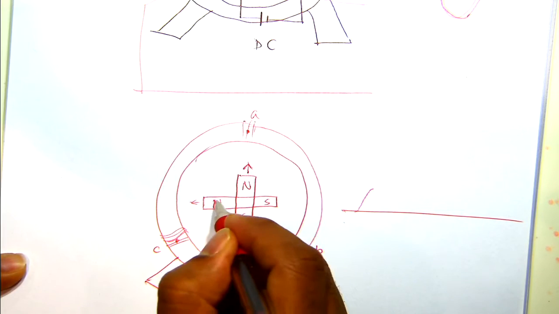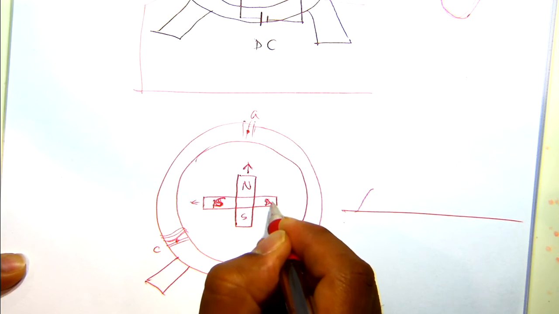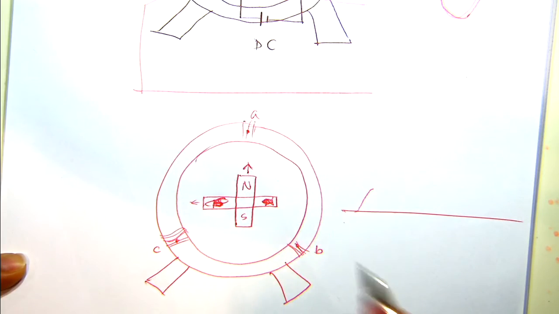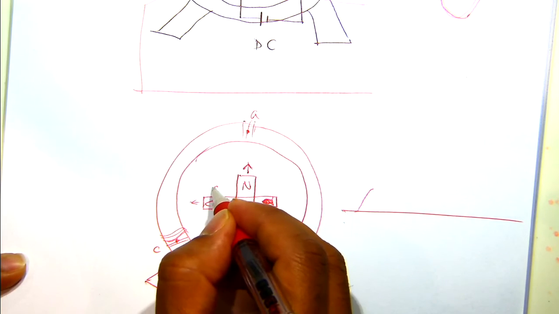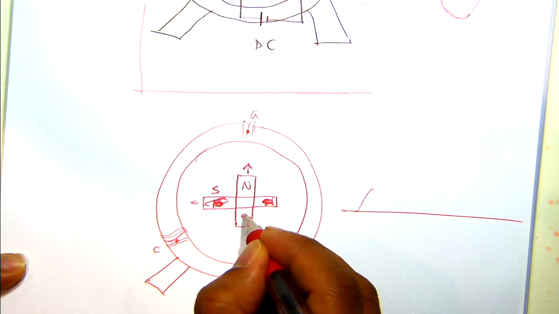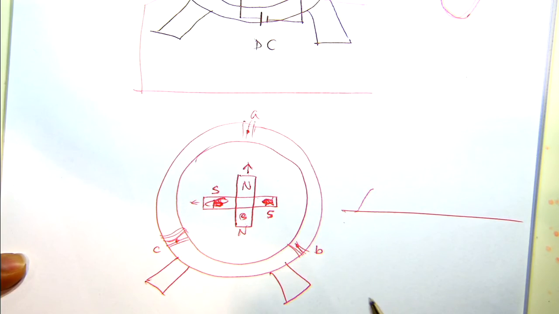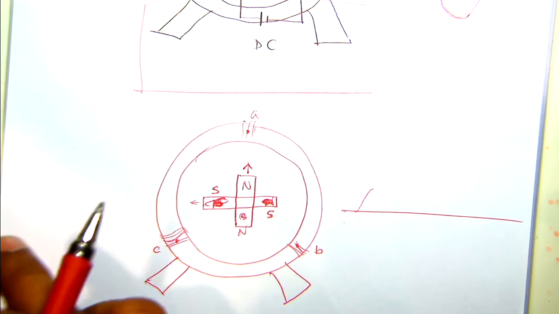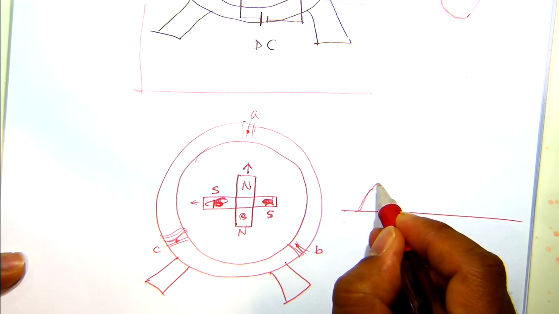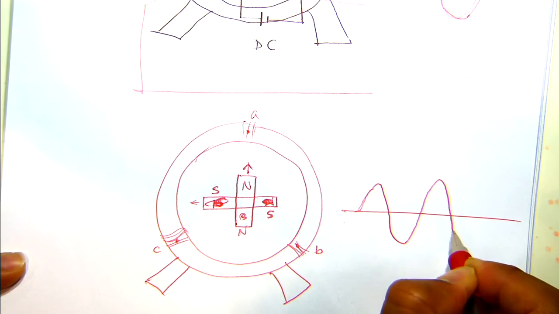After north, south will come, then north will come, then south will come. So we will give supply in that way. What will happen if there are 4 poles? You see one north, then one south, then one north, then one south.